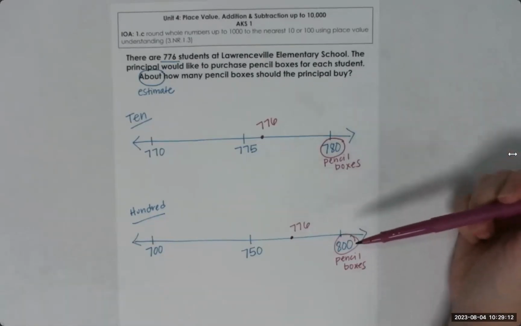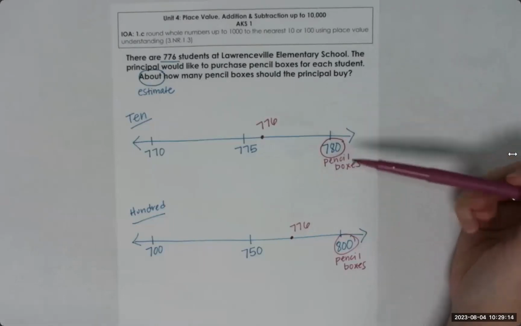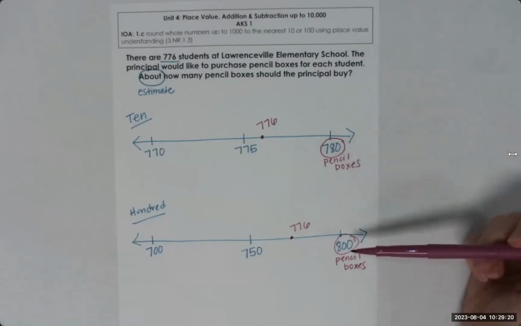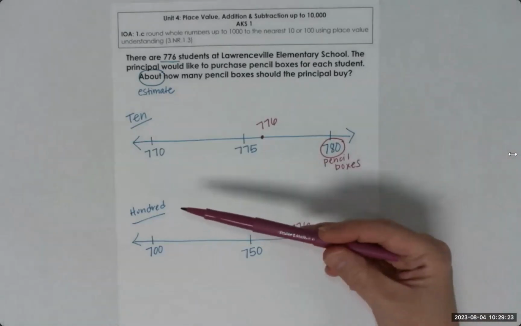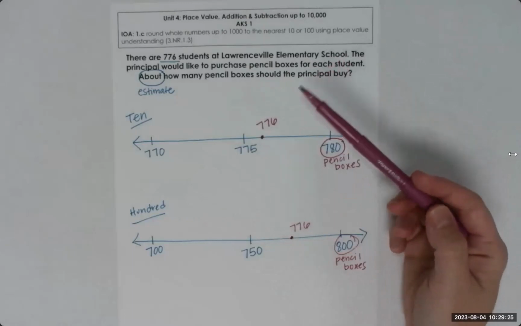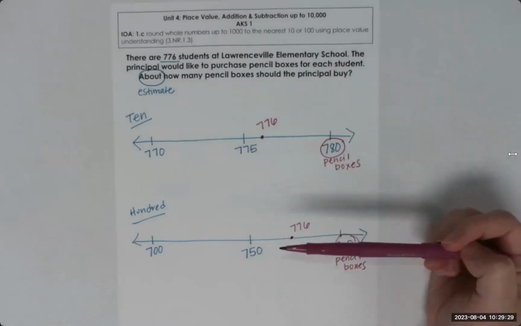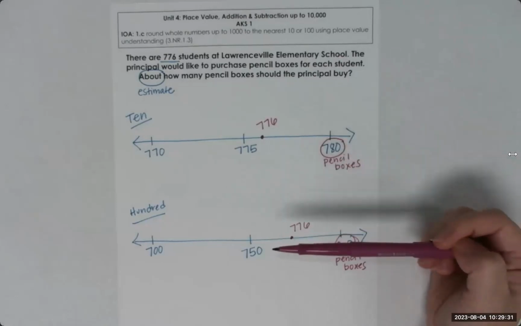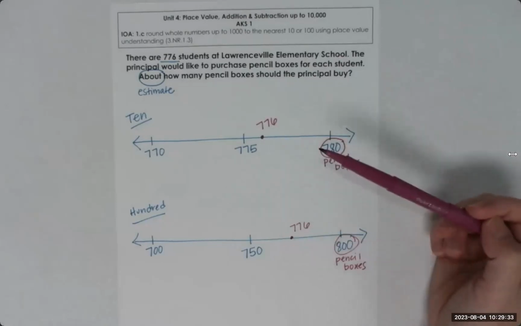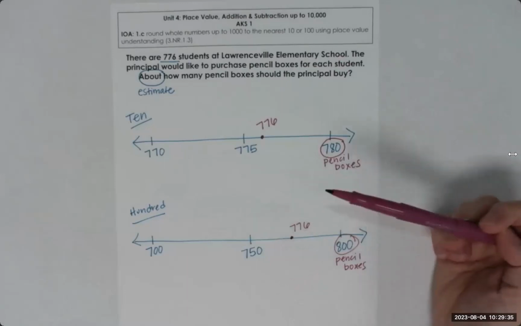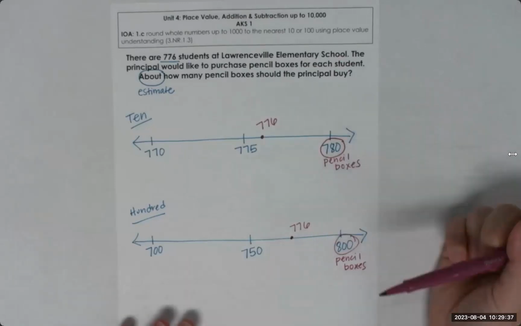And this is one of those situations, because in this case, I rounded to the nearest 10. This is the correct answer for rounding to the nearest 10. But this is an answer that's correct for rounding to the nearest 100. And remember, my problem didn't tell me which one to round to. So I need to sit here and think, which would be the most appropriate one? Well, guess what? Both could be the right answer.